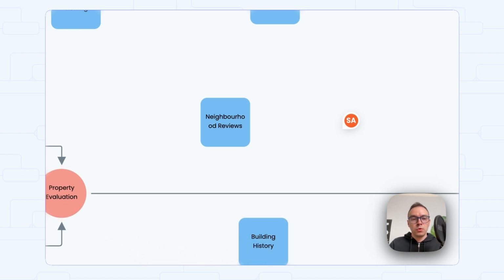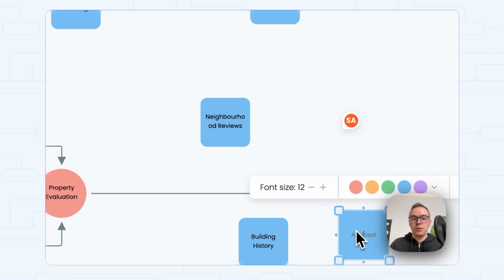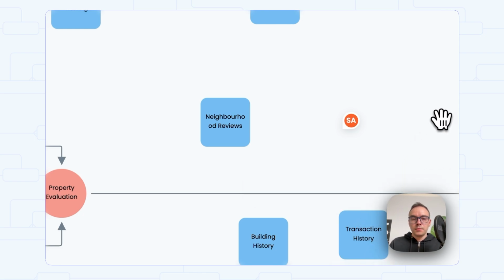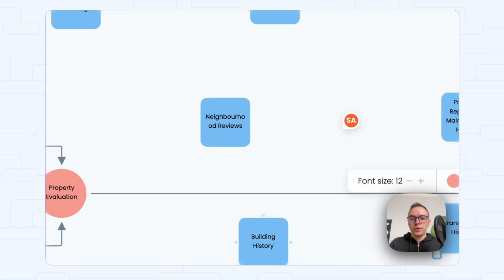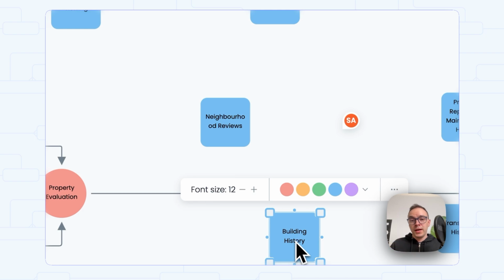And related to that, probably also the transaction history around different apartments, if it's an apartment. And of course, they'll probably want to see previous repair and maintenance history. So now I've added these important parts in the customer's journey when evaluating a property.